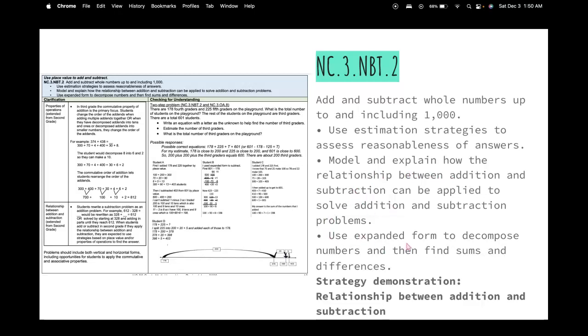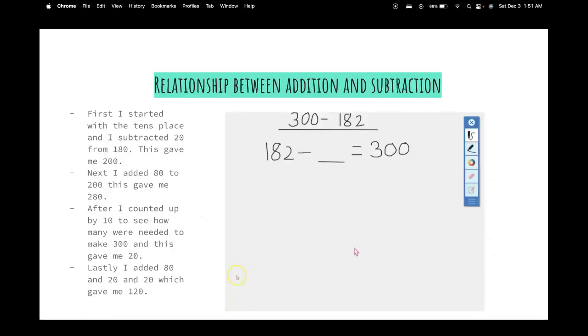And last, use expanded form to decompose numbers and then find sums and differences. So the strategy I'm going to demonstrate is the relationship between addition and subtraction, as mentioned in this screenshot right here, where we're going to change the subtraction to addition.